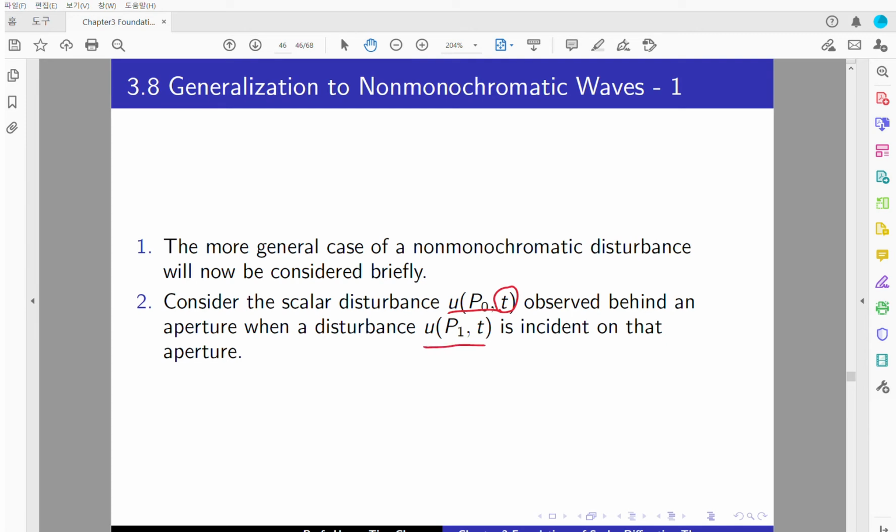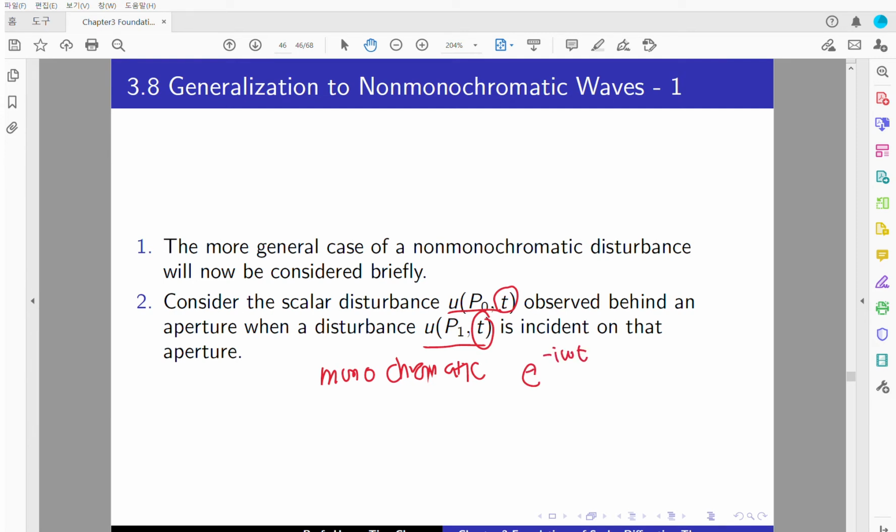Okay, so both of them are functions of time, simply because what we have learned so far is the monochromatic case, where U(P0,t) and U(P1,t) all have an e to the minus i omega t.